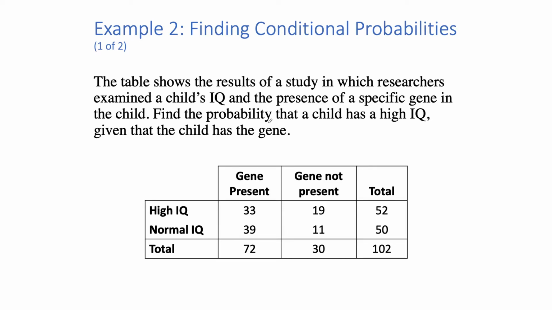So we want to find the probability that the child has high IQ given that the child has the gene, right? So we are conditioning on the fact that we want to find the probability that a particular child from the sample has a high IQ given that the child has the gene.